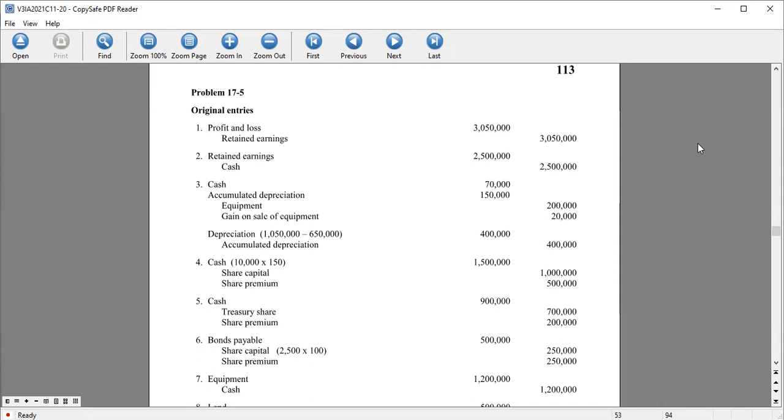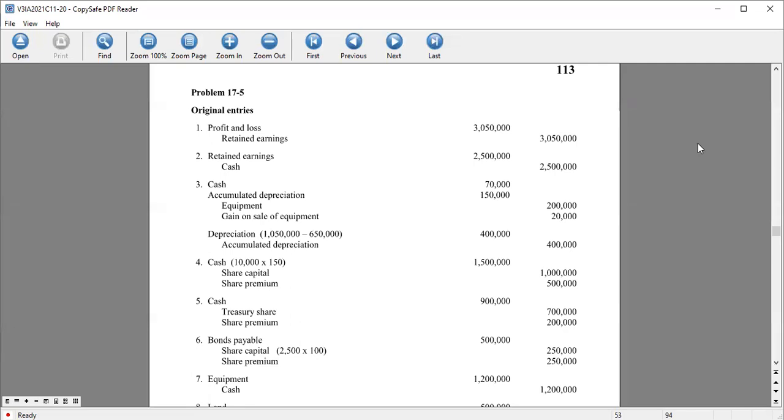Then number 4, we debit to cash 10,000 multiplied by 150. And we are going to credit share capital and credit share premium. Now for the 10,000 shares at 150 or 1.5 million, and the par per share is 100. So we multiply 10,000 times 100 or 1 million, and the excess is credited to share premium.